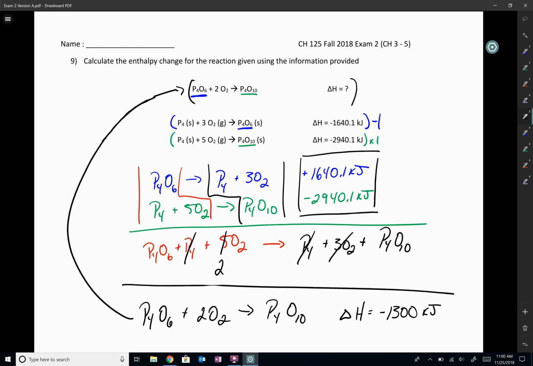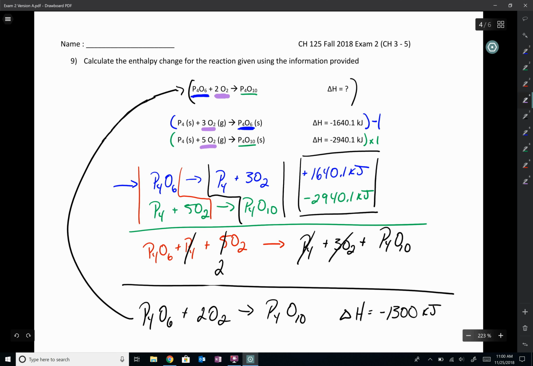Okay, so brief summary. What I do is I start, right? If you look in blue, I found P4O6, I found P4O6. They're on opposite sides of the arrow, so I have to multiply by -1. And then I wrote out what happened there, right? I flipped my equation, and I made sure to change my sign for delta H. I skipped over, let me do this in purple here, O2 because I found it in 2 different places, right?